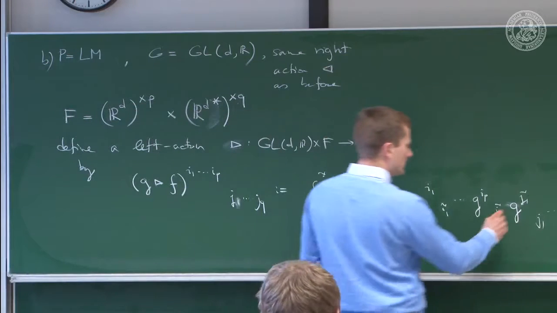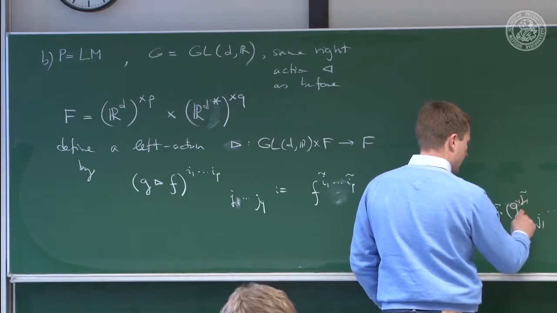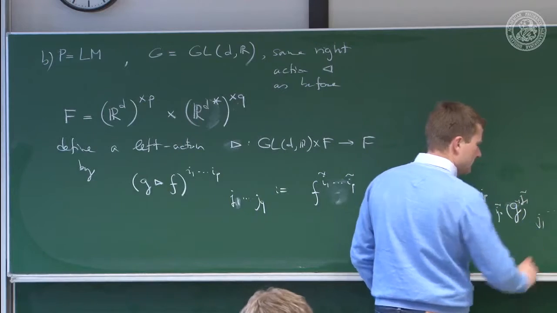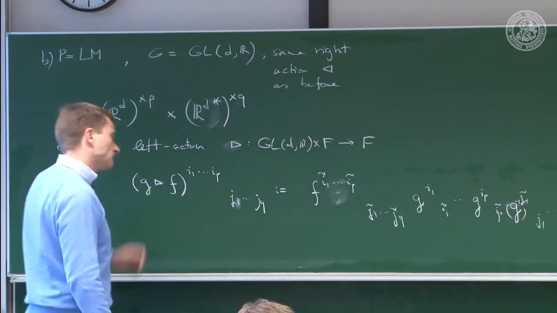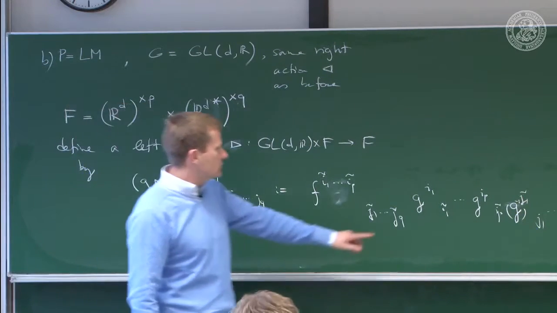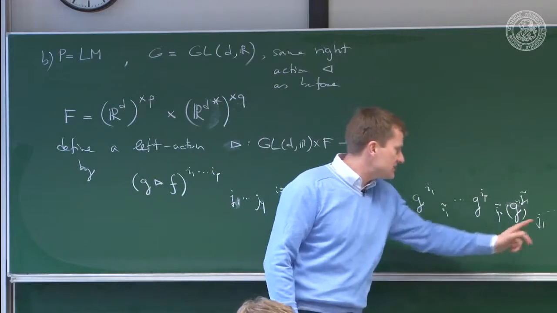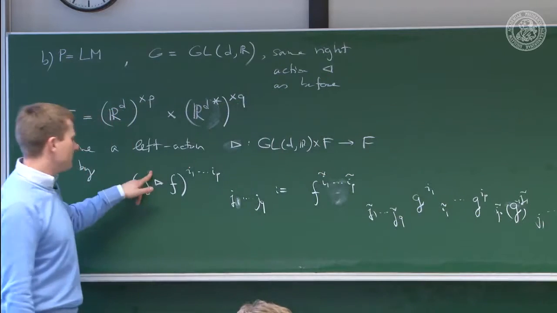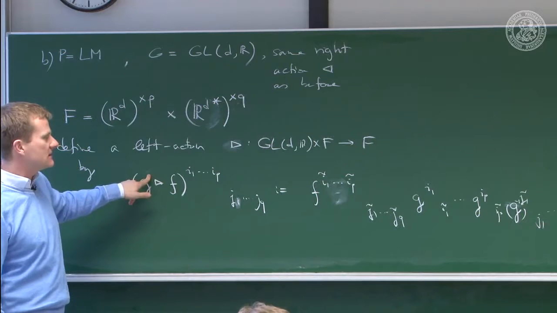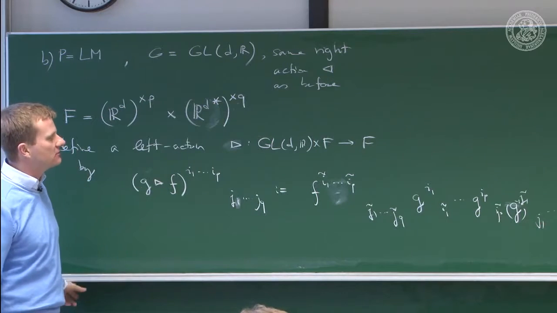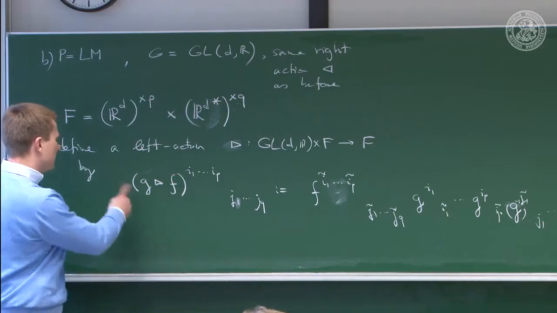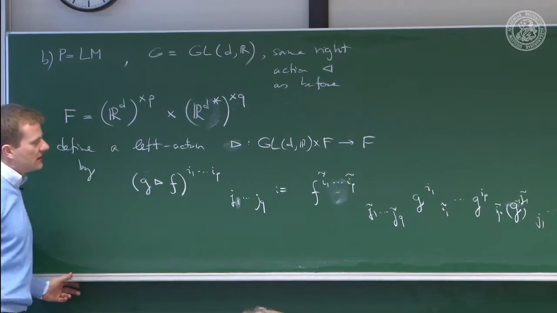And here I have to choose the inverse g. Now you might be worried whether it shouldn't be the inverse g's here and the g's there. Well, but then if you do that, you have a g inverse here, which is actually the fashion in which we use it. So this is fine, because you do this for every g in GL(d).